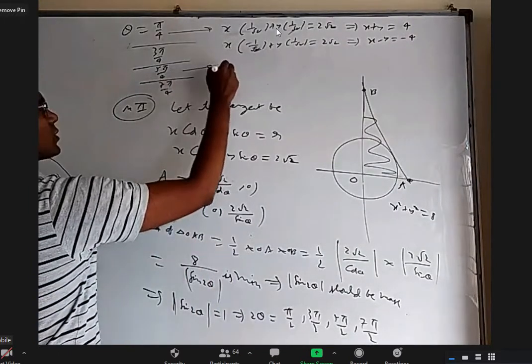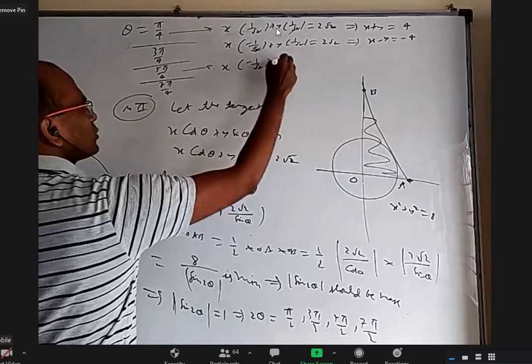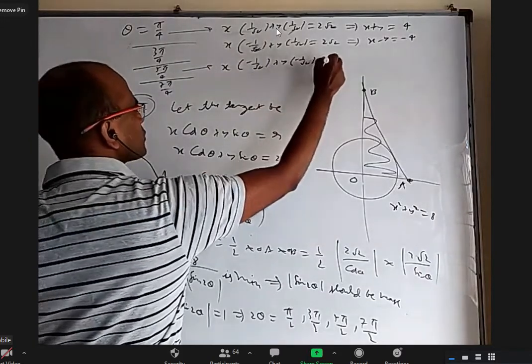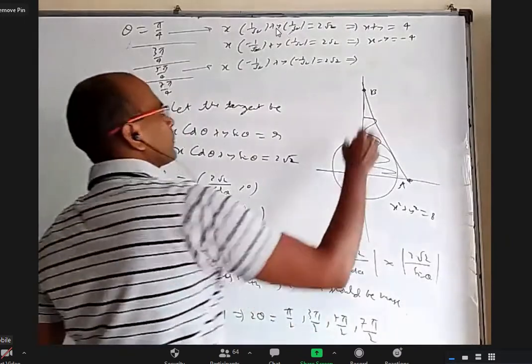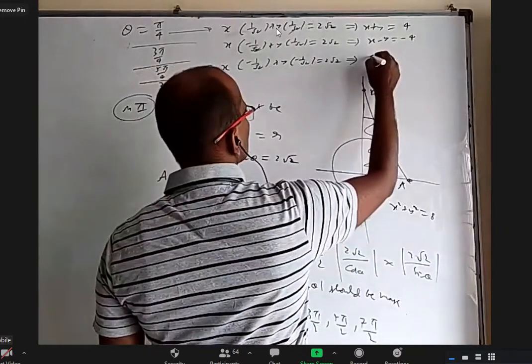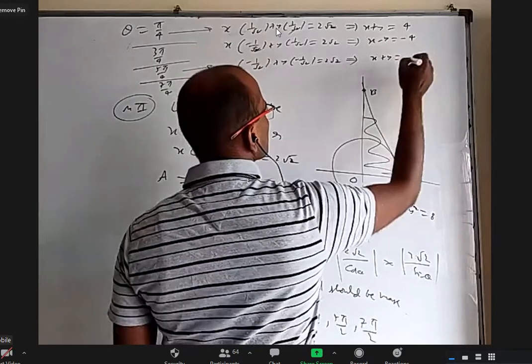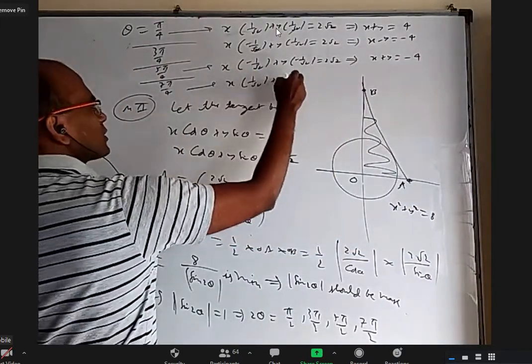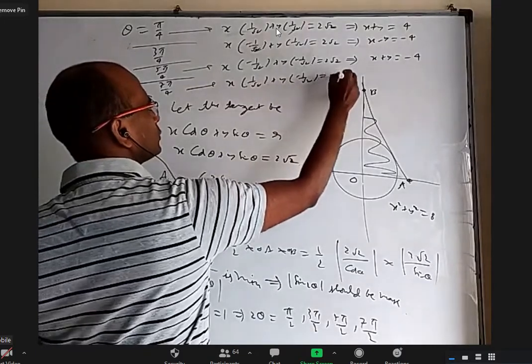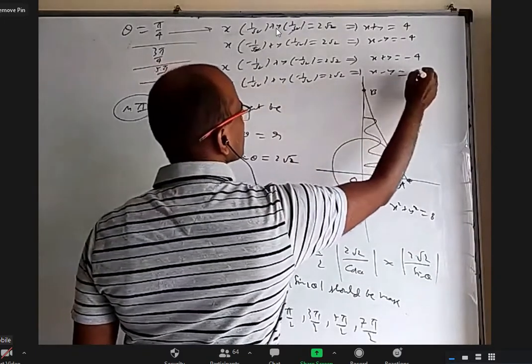Similarly, x into minus 1 by root 2, y also minus 1 by root 2, that is x plus y equal to minus 4. This is cos positive and sin negative: x minus y equal to 4.